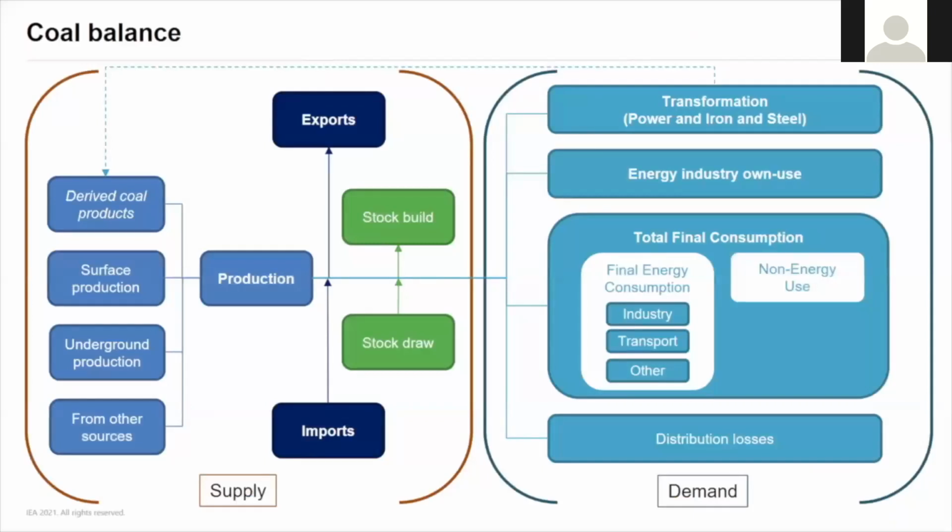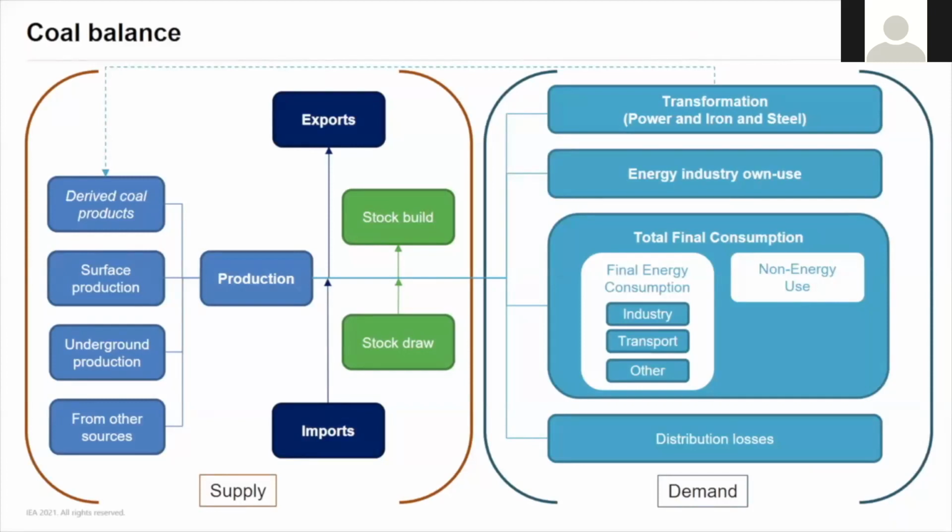The coal balance, when we present it, is actually the easiest to represent in terms of difference between the supply and the demand. On supply, we have the domestic production from various sources, trade and stock variations, and all those elements represent the supply of coal.